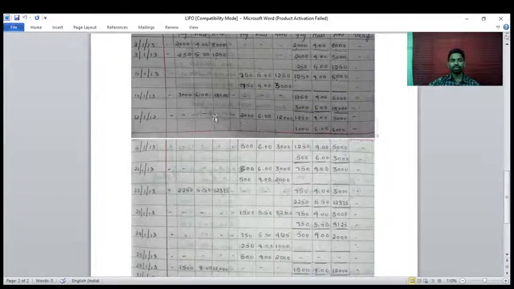On 10th January there are two stocks: the first stock is 1250, and the second stock is 3000. This second one is the last lot. From this last lot we have to issue 2000 units. Take 2000 units from the 3000, 2000 at the rate of 6, the amount is 12,000. So now we issued 2000 units. Again we have to maintain the balance on this 12th January.